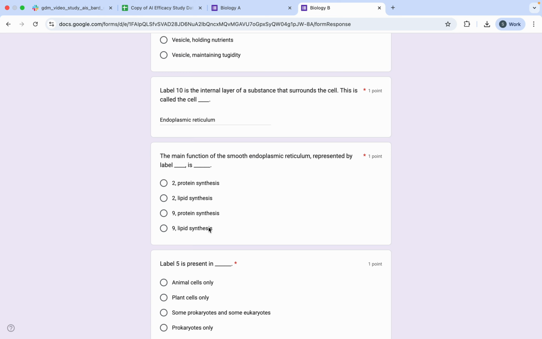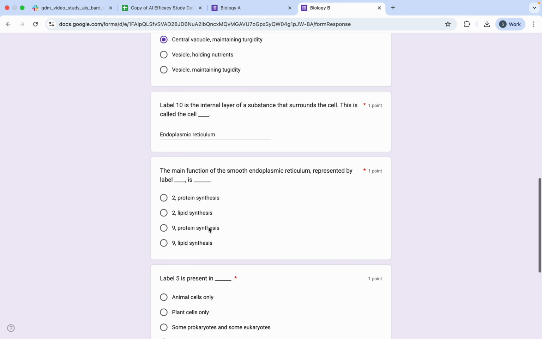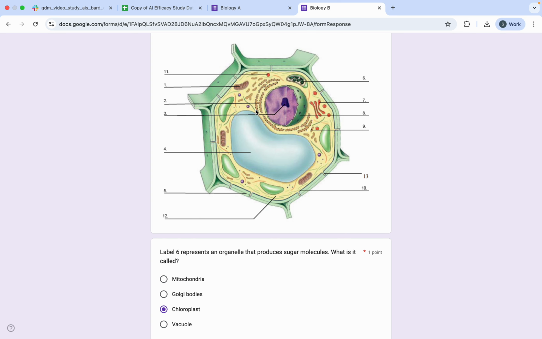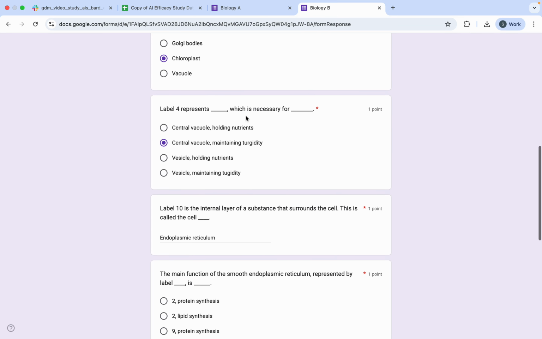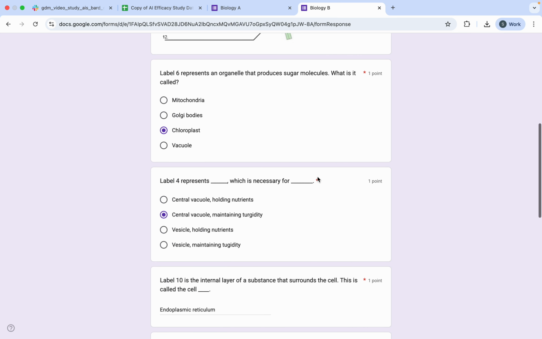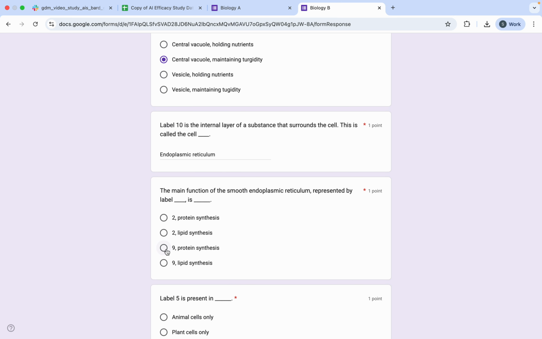Let's see what 2 belongs to. 2 is endoplasmic reticulum, and let's see what 9 is. 9 is this, which is also smooth. So it will go for 9 protein synthesis.